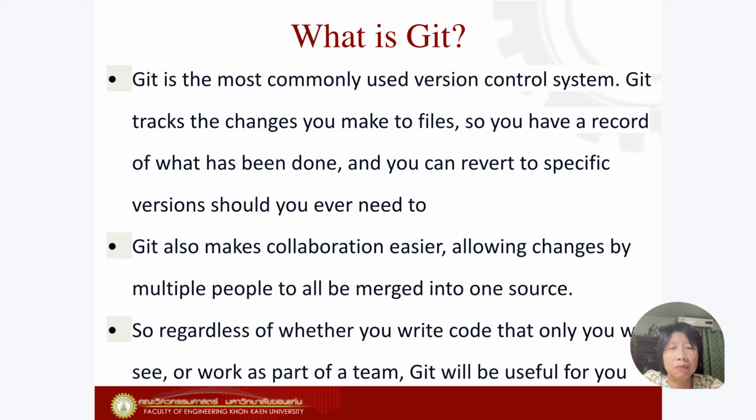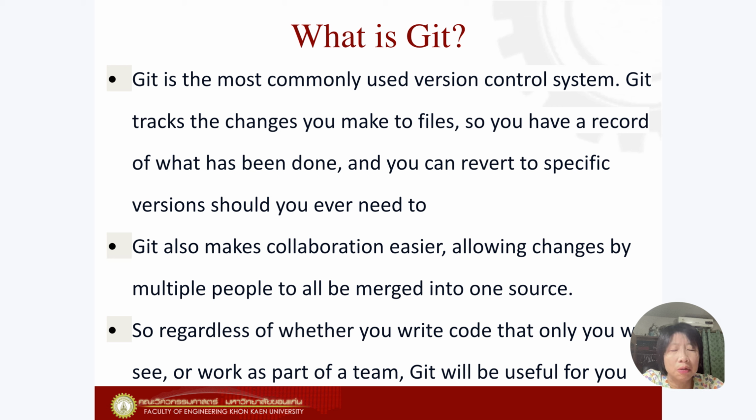Then by using Git, we can select certain version that we want, and Git also makes collaboration easier, allow change by multiple people to all be merged into one source. And if we don't use Git, then we need to use our eyes and compare line by line to see the difference and then merge manually, and that will take a lot of time.